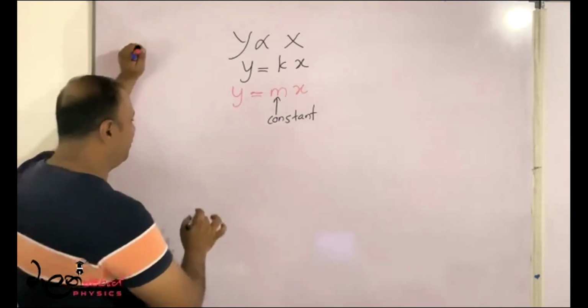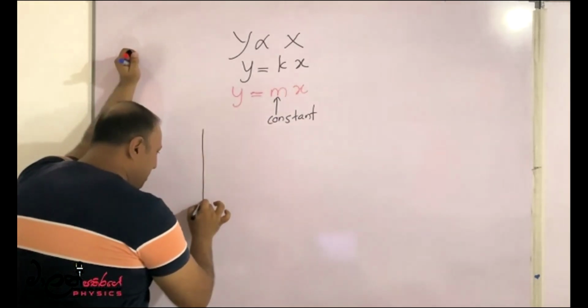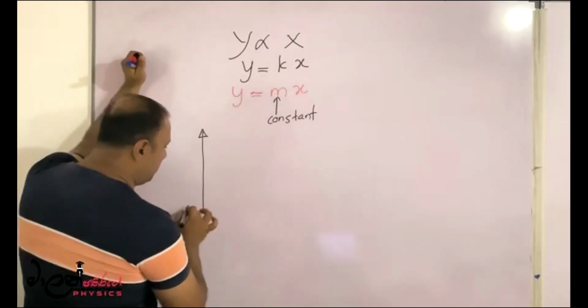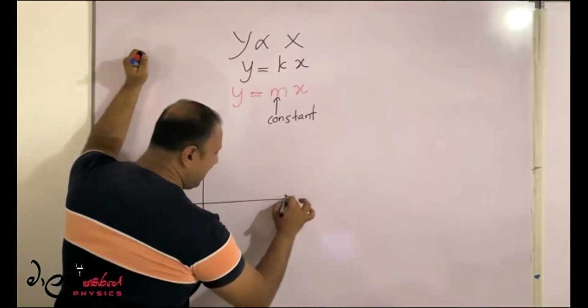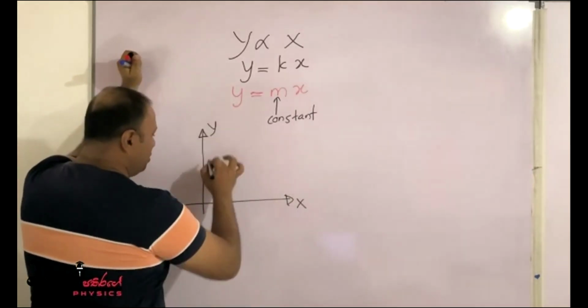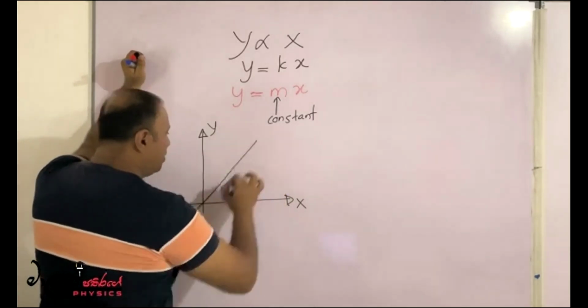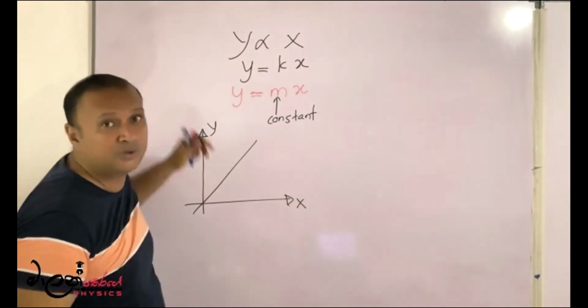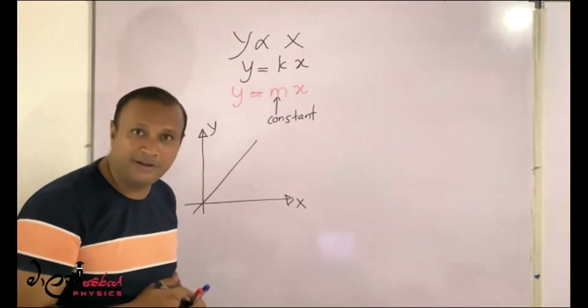Therefore, the graph between these two variables, x and y, should be a straight line that goes through the origin. Did you get my point?